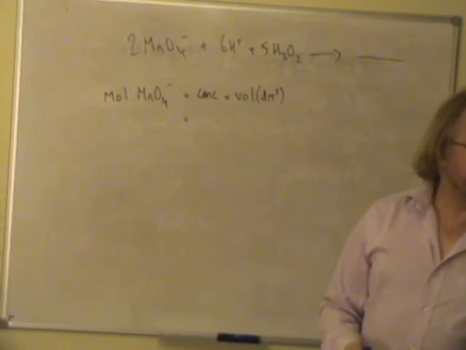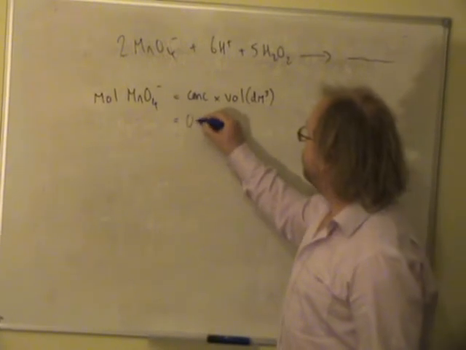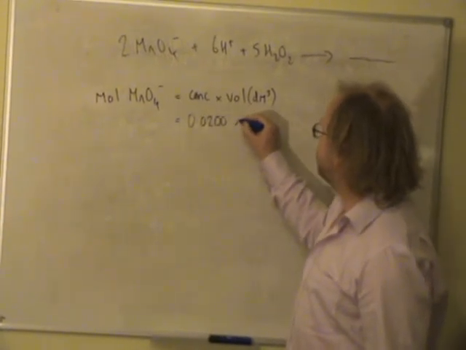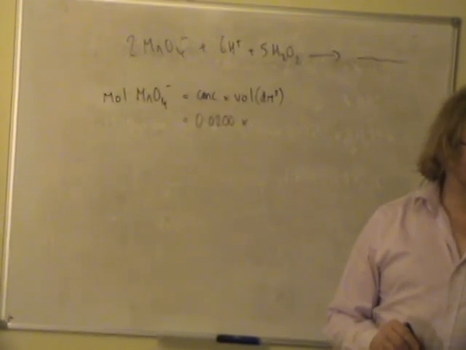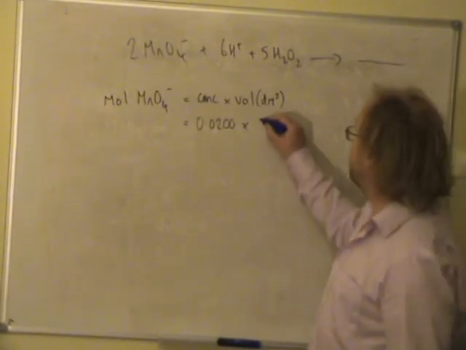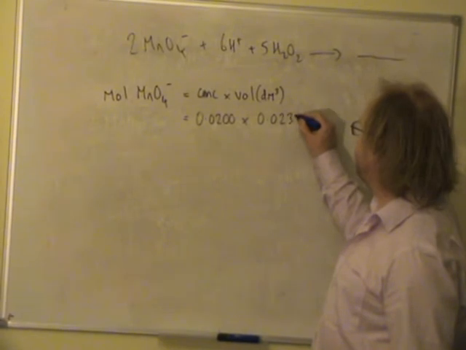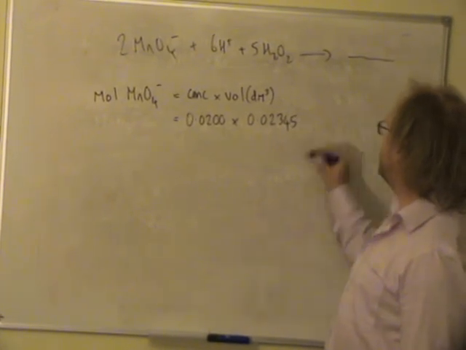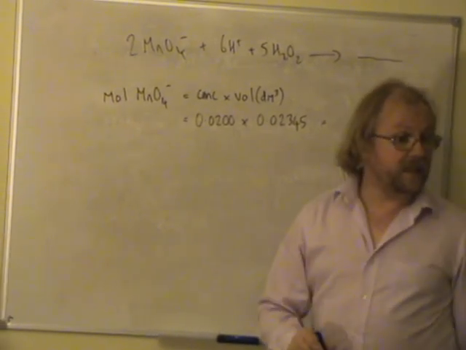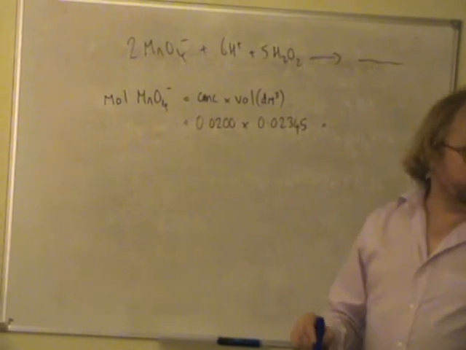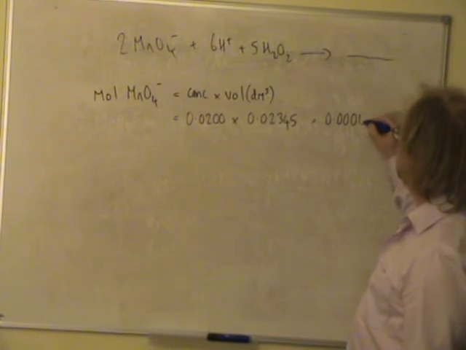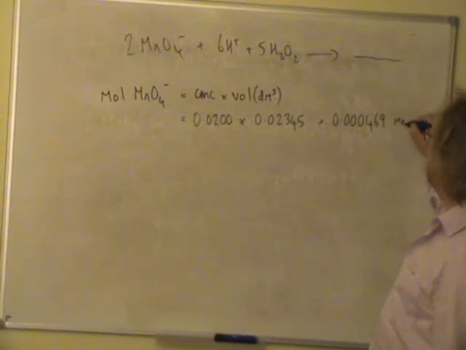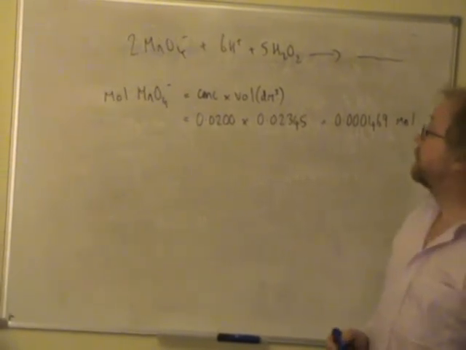So that's equal to 0.02, that is the concentration, and the volume is 23.45 cm cubed, so that's 0.02345 dm cubed, and that comes to 0.000469 moles of MnO4 minus. That's the first step.